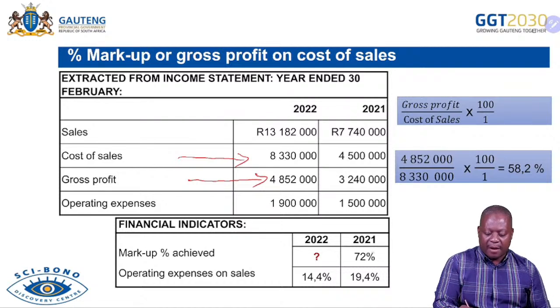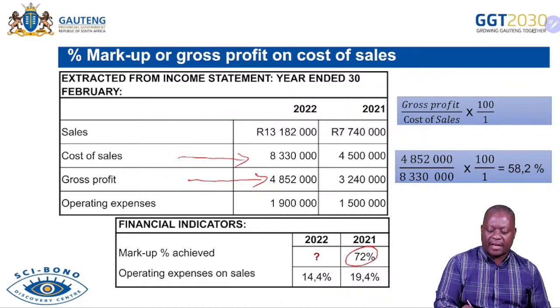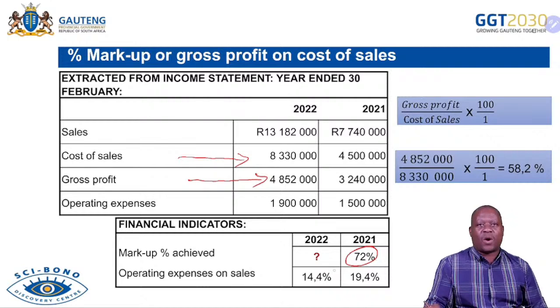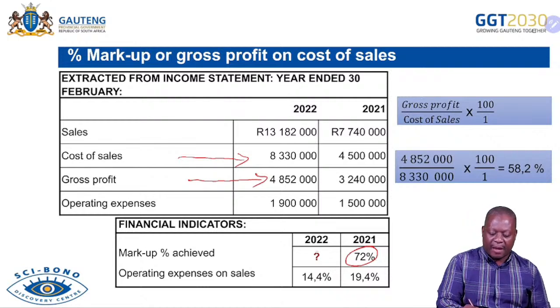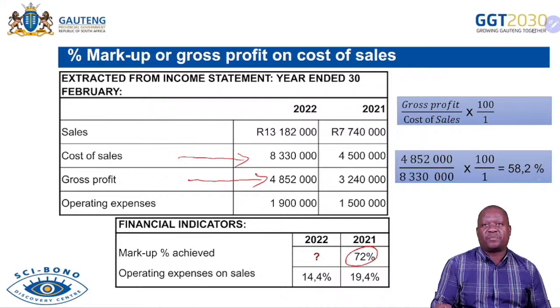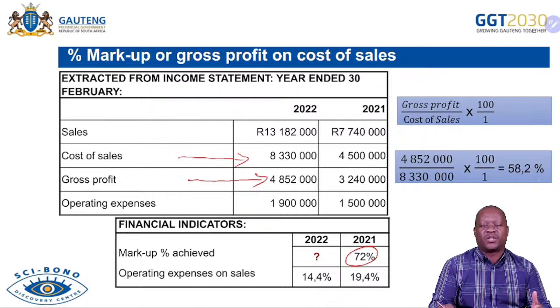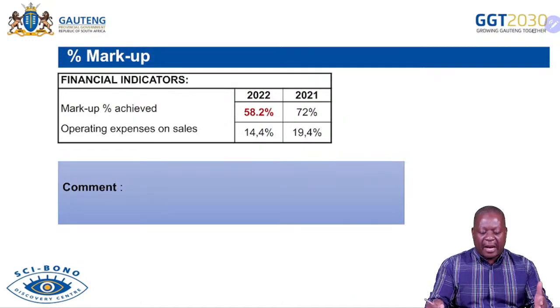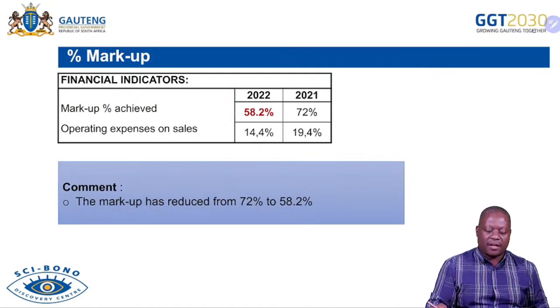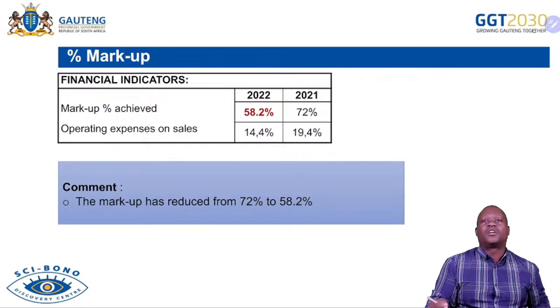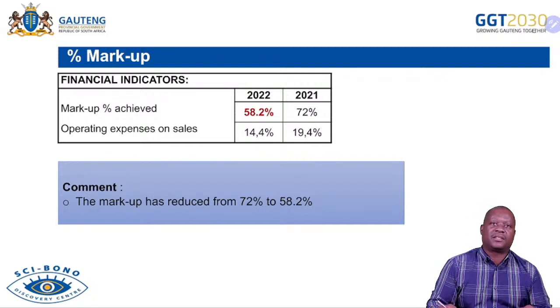We had a markup of 72% in 2021, and now we are having a markup of 58.2% in 2022. The business reduced the markup. So we can safely say the markup has been reduced from 72% to 58.2%.